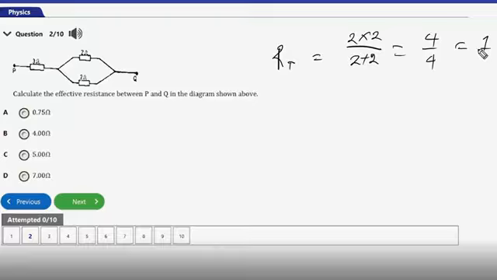Now we add the sum of these parallel resistors together with the resistor over there, to make it series.